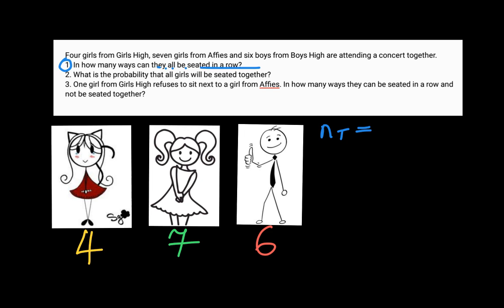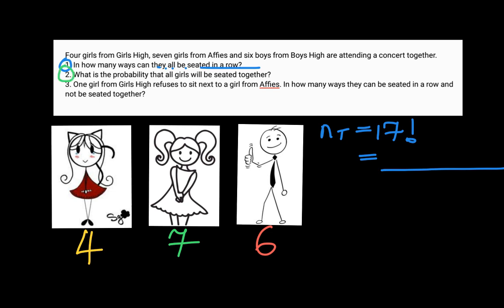We have 17 different objects, so it will be 17 factorial. And as you press it on your calculator, you can see how huge a number it is to just sit them together without any restrictions. But I want to think about some restrictions and some grouping.